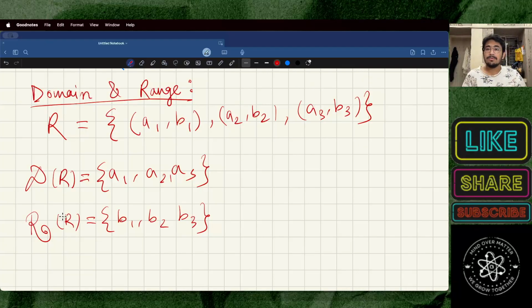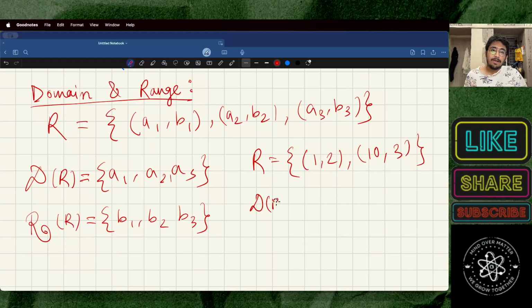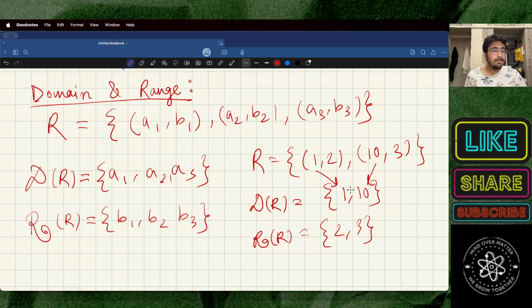Let me give you an example with numbers, right? Suppose this is a relation. So here the domain of R is 1 and 10, because the first elements of the tuples are 1 and 10, and the range of R is 2 and 3. Okay, simple as that.